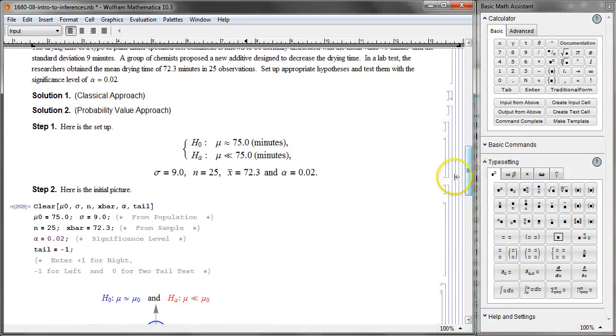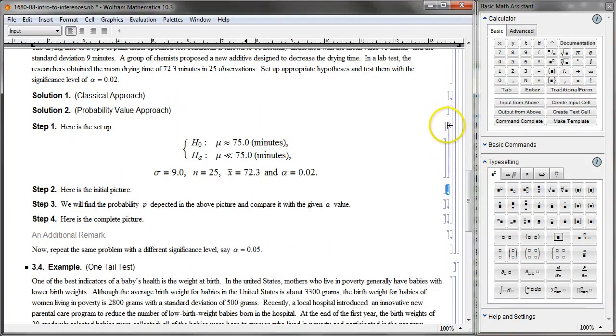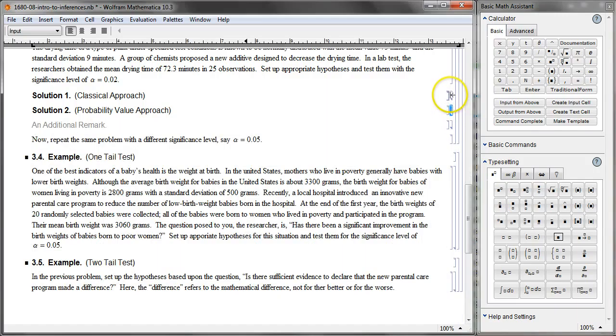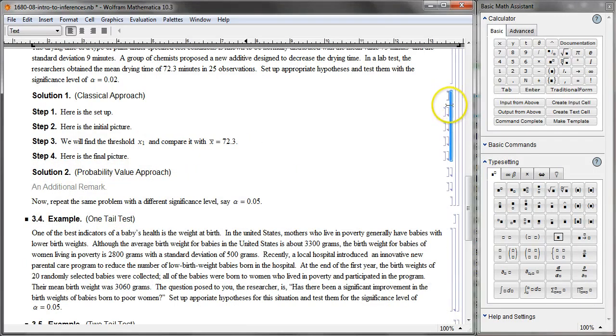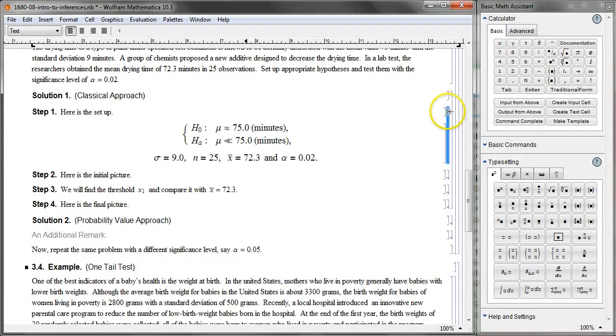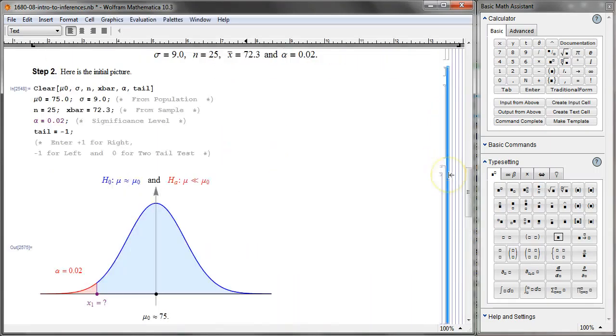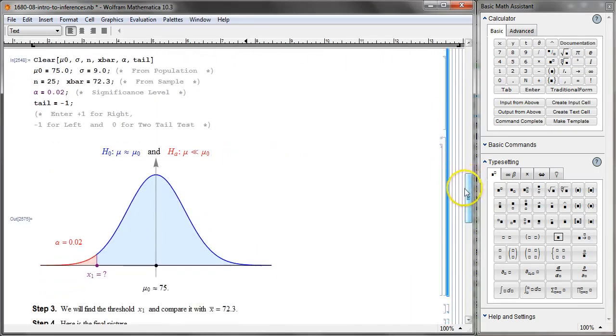Let's go back to the critical value method, or solution 1. Same setup, and the initial picture is kind of like this. Around the null value 75, and 72.3 is less than that, so we are looking for the left-hand side critical value, and that's given by the level of significance 0.02.